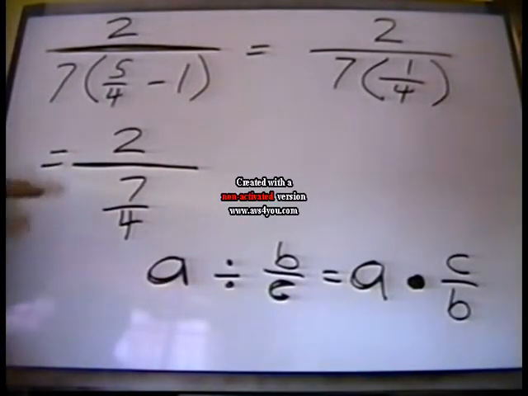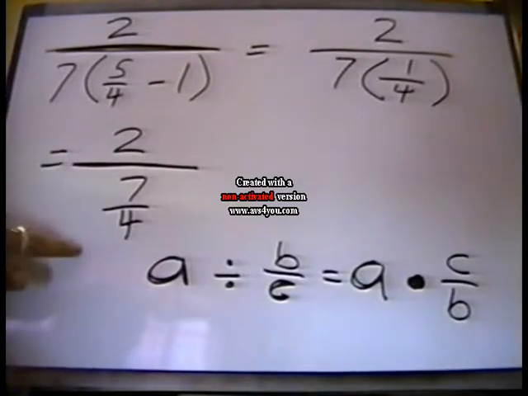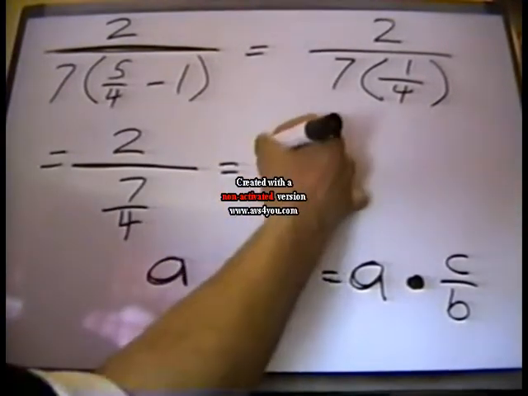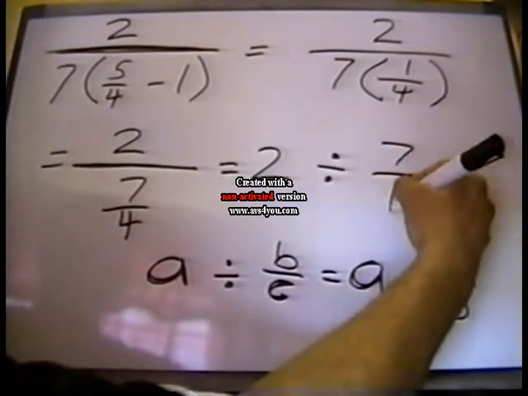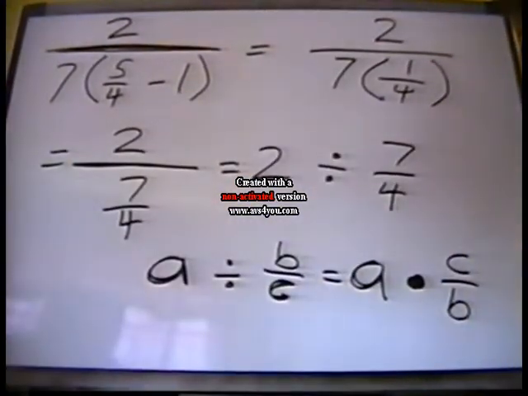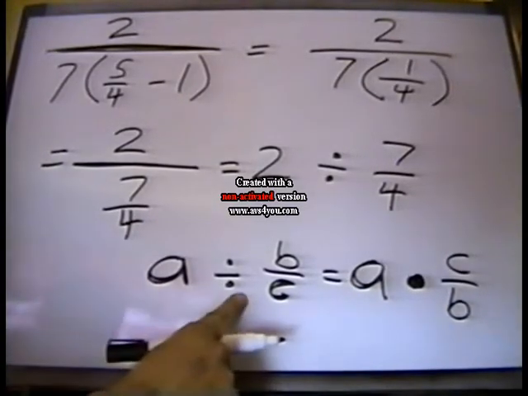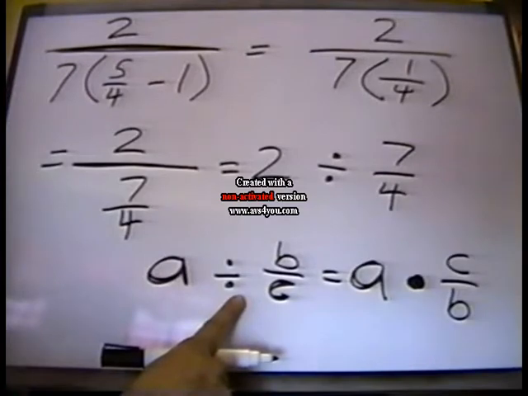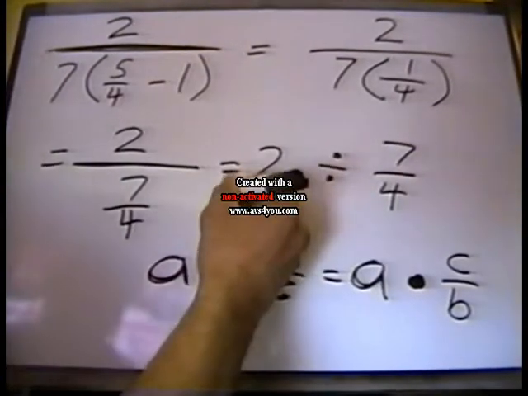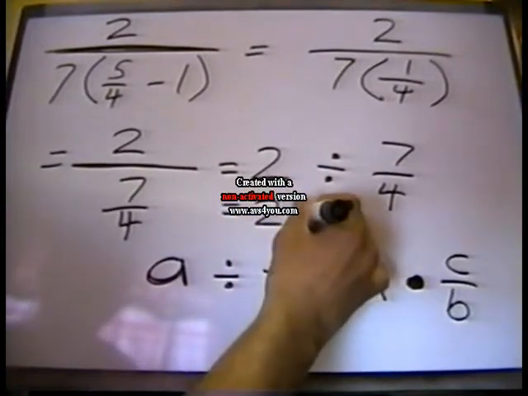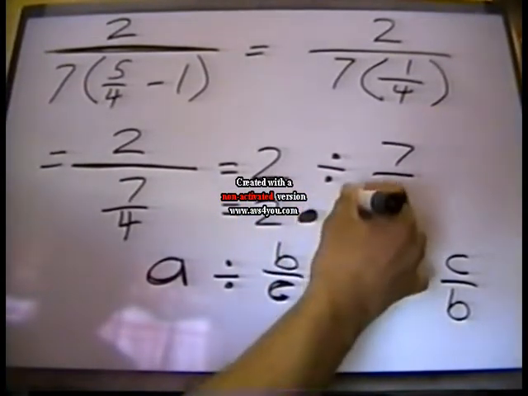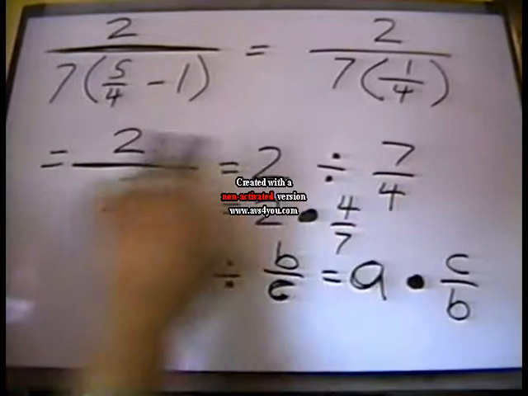Okay, so here we got 2 over 7/4, or we say it's 2 divided by 7/4. Is that correct? That's correct. Now, if you follow this rule, you can rewrite this as something that you can work with, a multiplication. 2 times 4/7.